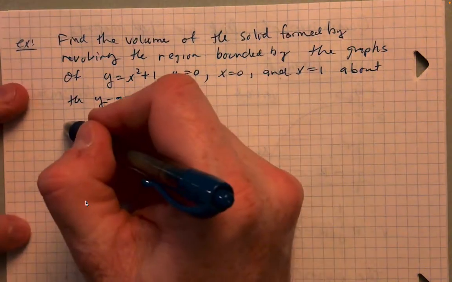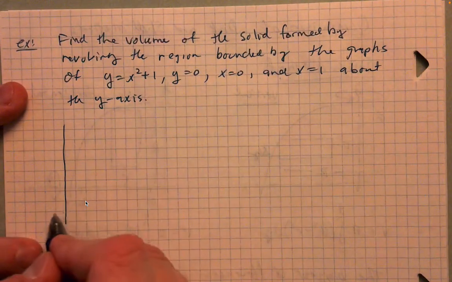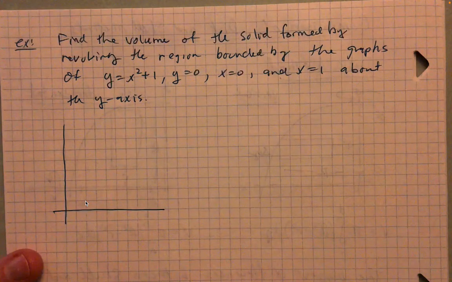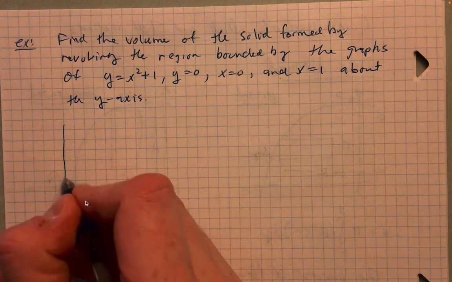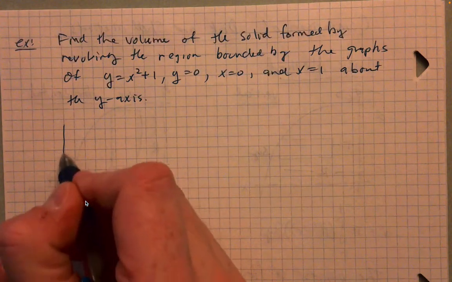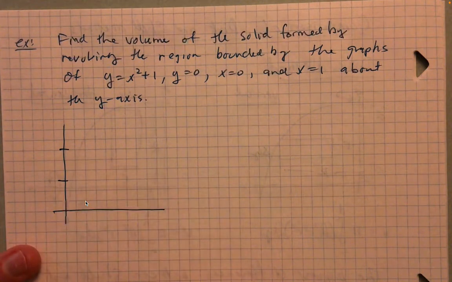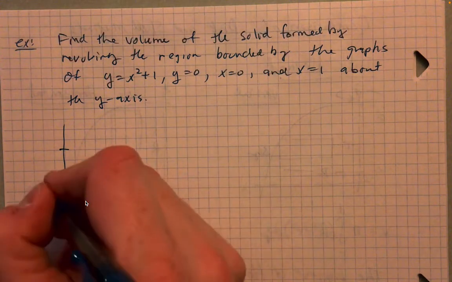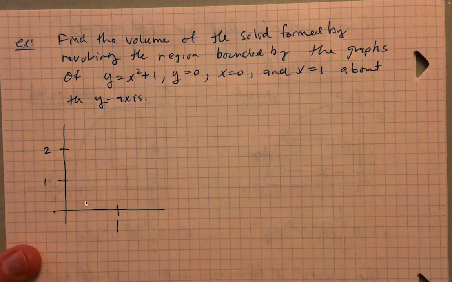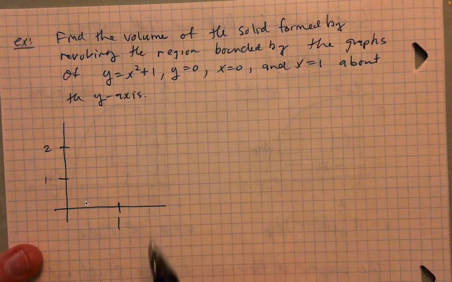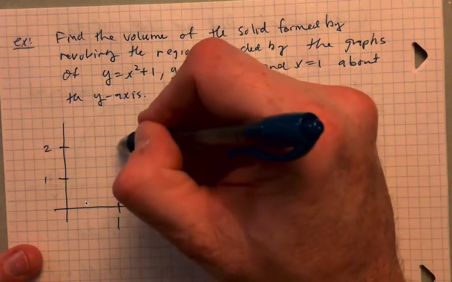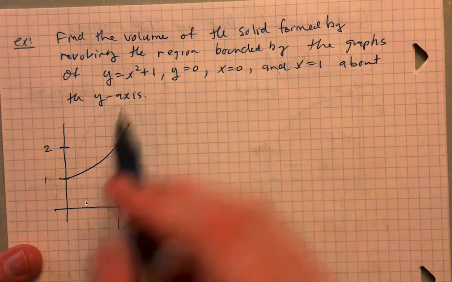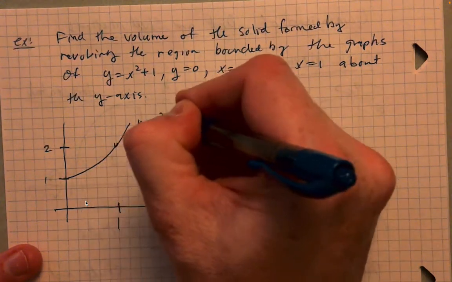Let's plot this. Let's figure out what this region looks like. Okay, so we've got y equals x squared plus 1. If this is 1 and that is 2, and let's blow it out a little bit on the x-axis, then this is going to look kind of like this. This is your y equals x squared plus 1.